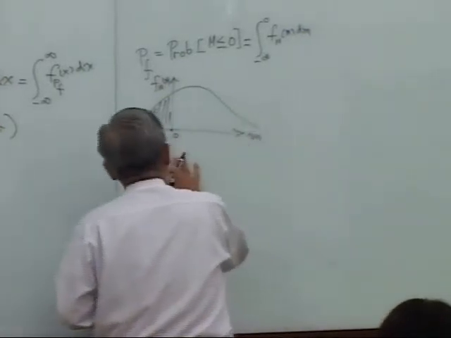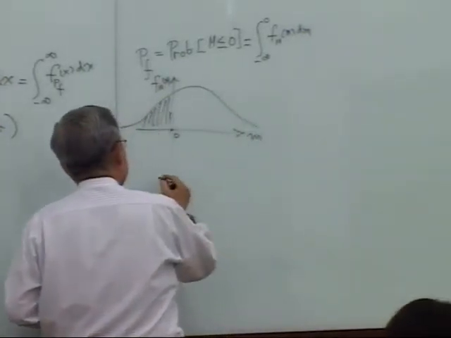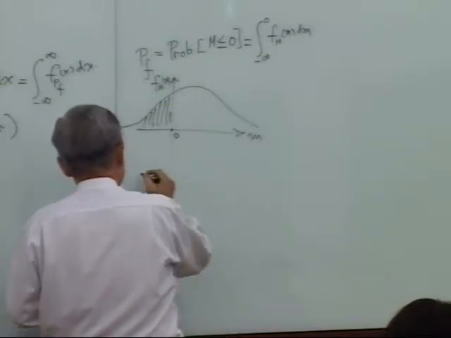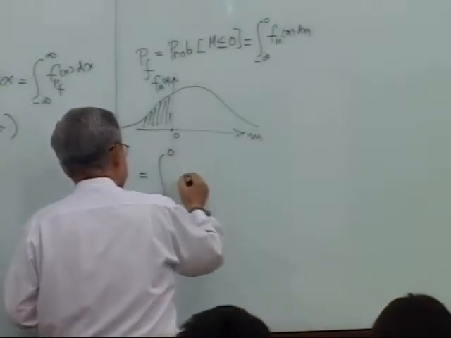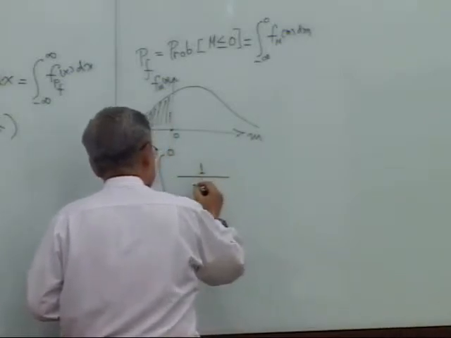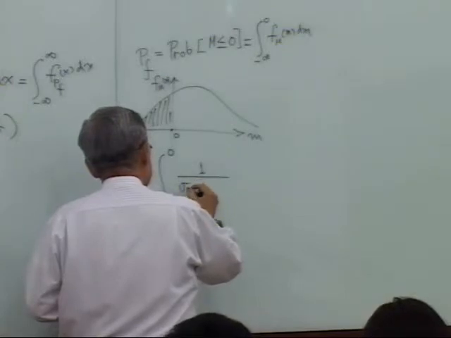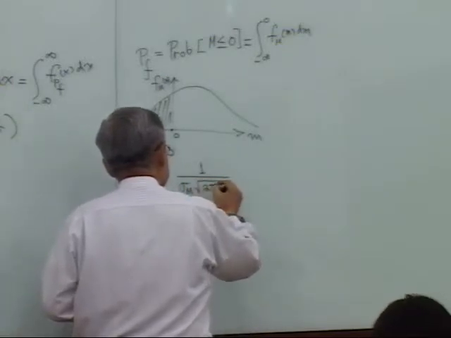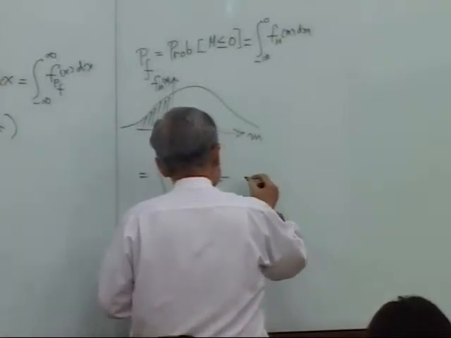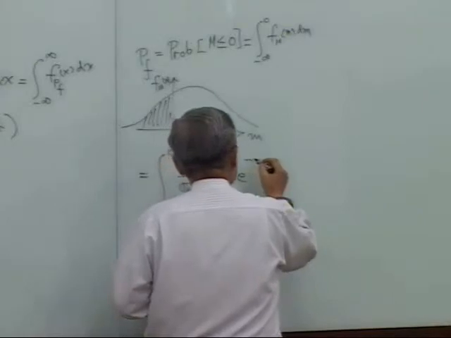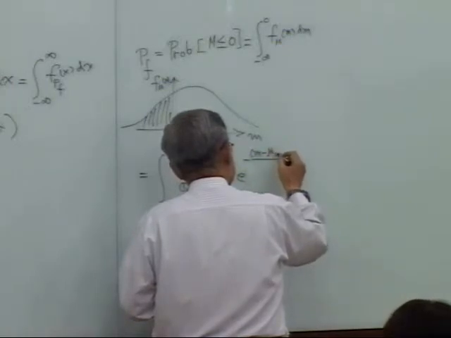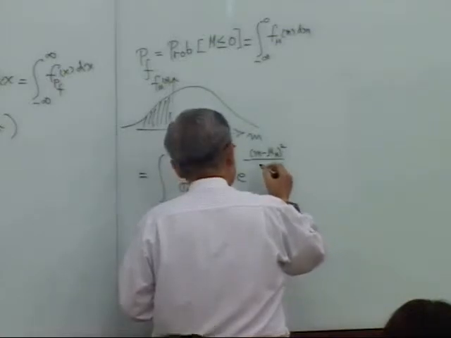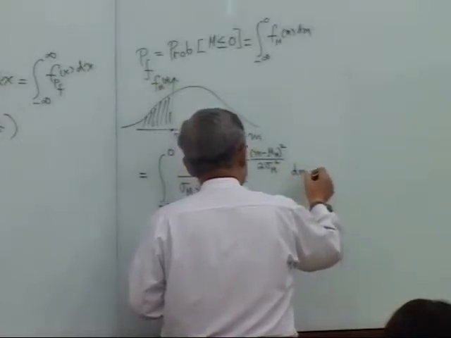And we know the normal distribution, so again it is the integral from minus infinity to 0 of 1 over sigma_M square root of 2 pi, e to the minus (m minus mu_M) squared over 2 sigma_M squared, dm.